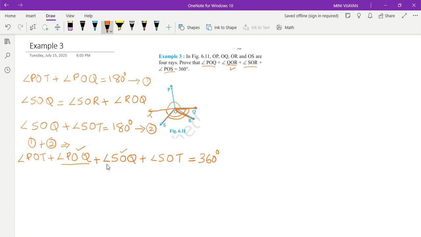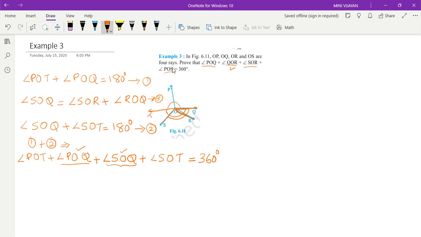SOQ can be split up into those two angles, QOR and SOR. So this condition I can write as equation 3. From equation 3, I can split this SOQ as SOR and ROQ. ROQ is the same as QOR. Both ways we can write.